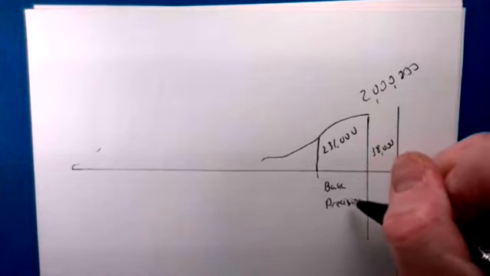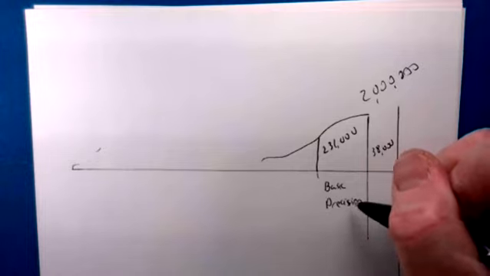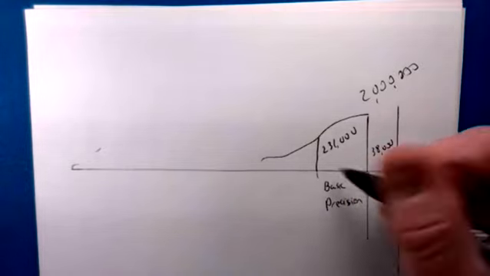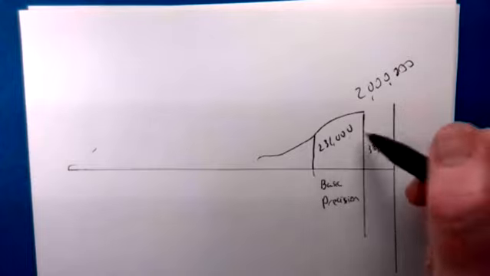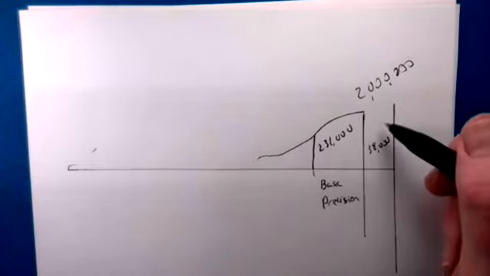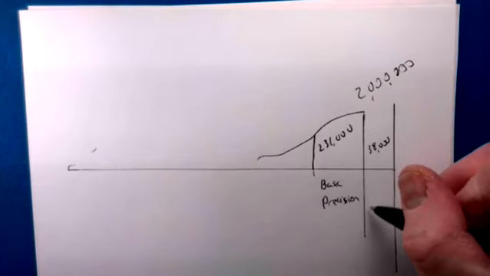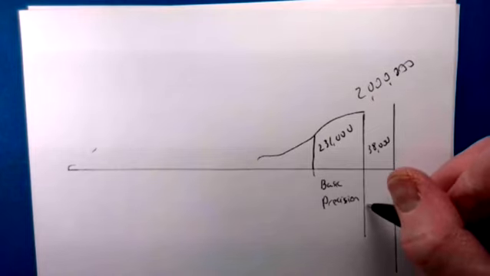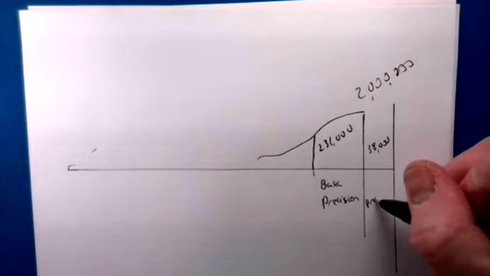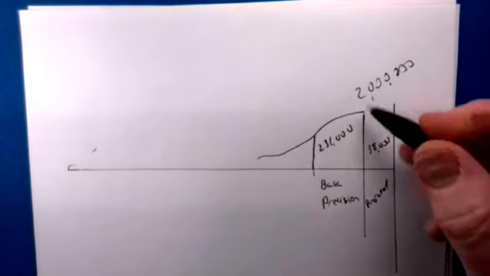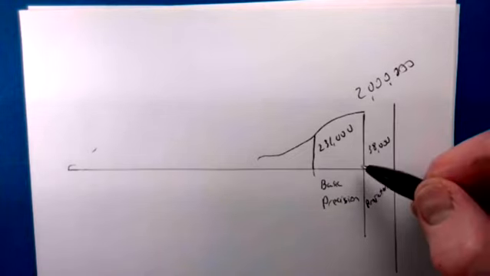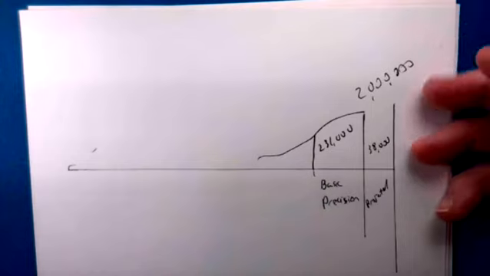It could be off by another 231,000. So this is the basic precision. This is the projected, our best estimate, but it could be off by another 231,000 because of basic precision.